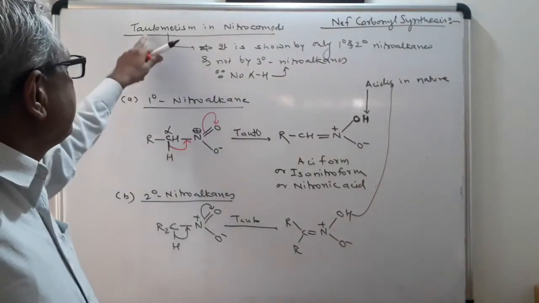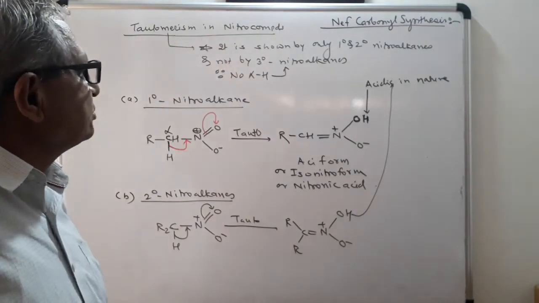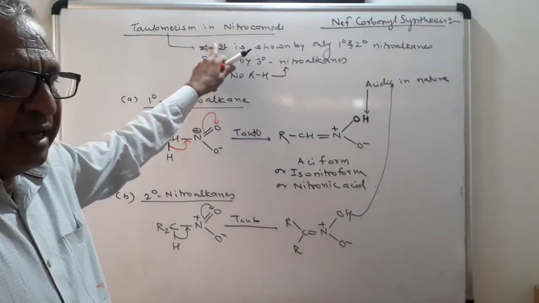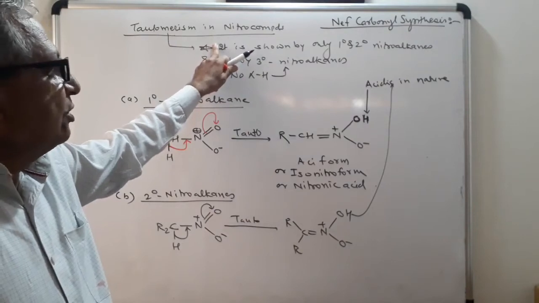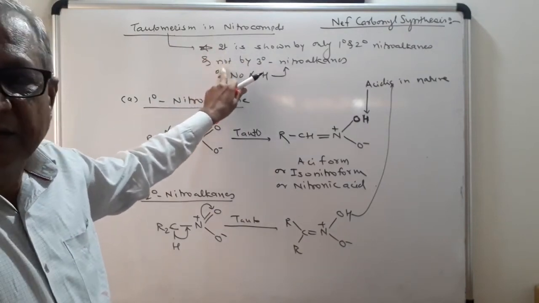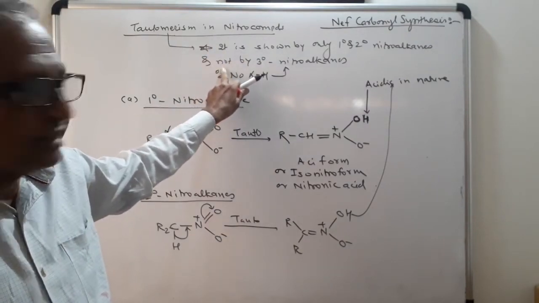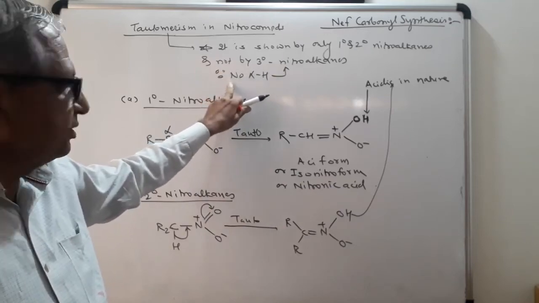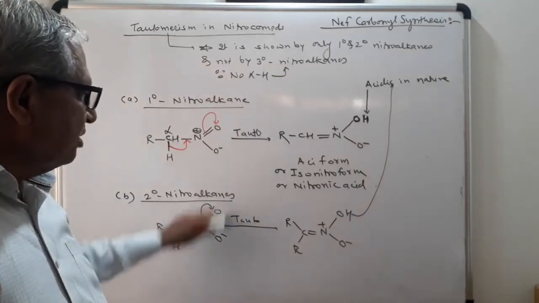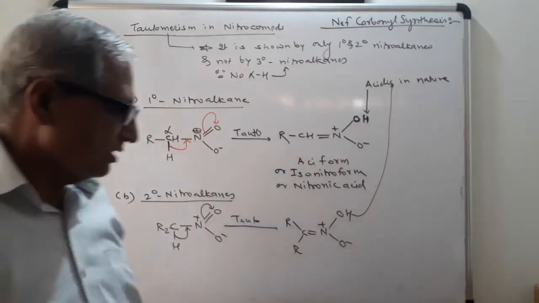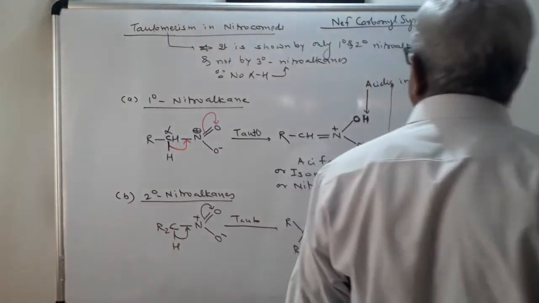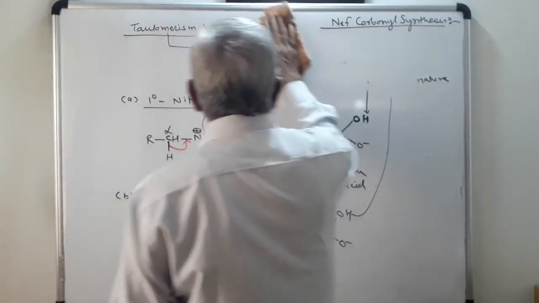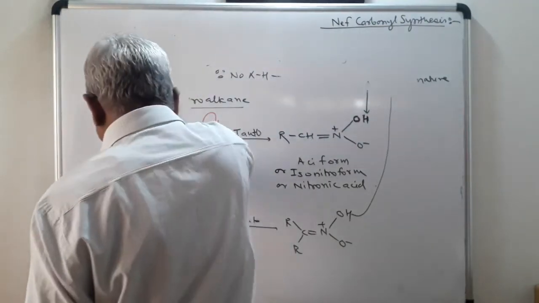So I will take a brief revision, tautomerism in nitro compounds. It is shown by only primary and secondary nitroalkanes and not by tertiary nitroalkane, because tertiary nitroalkane does not have alpha hydrogen atom. Now I will explain the term Nef carbonyl synthesis.